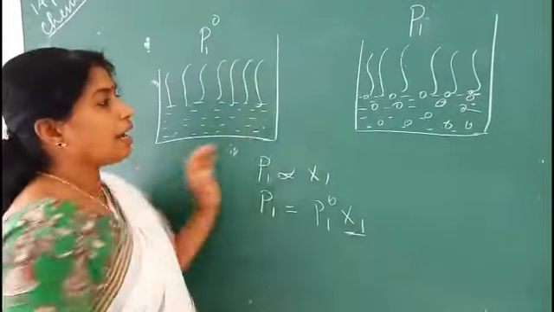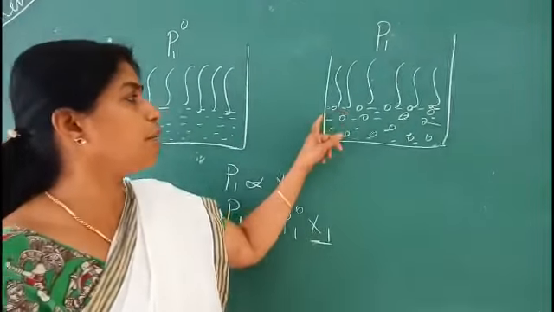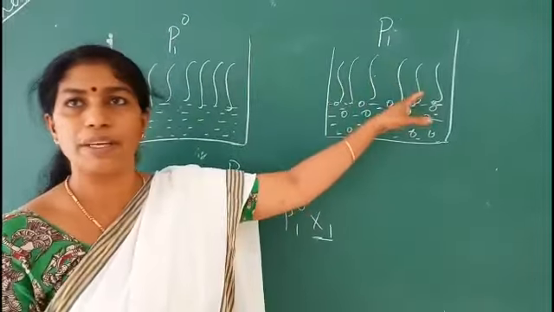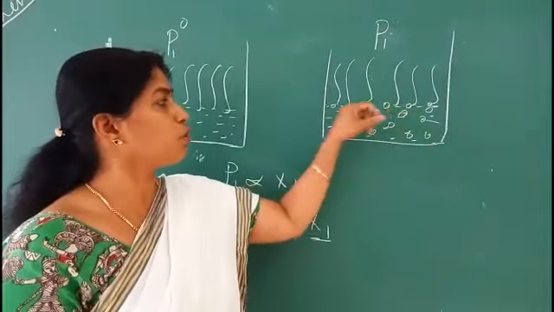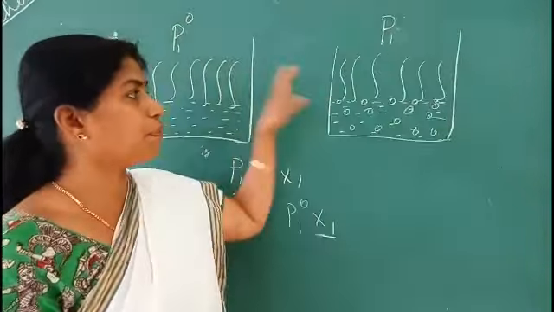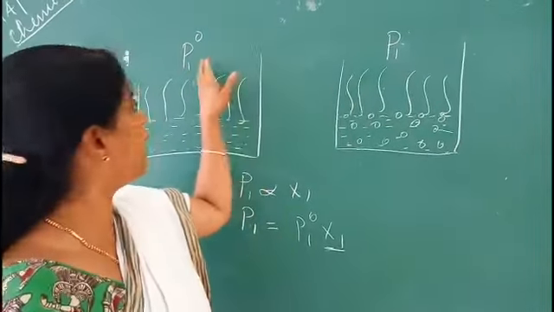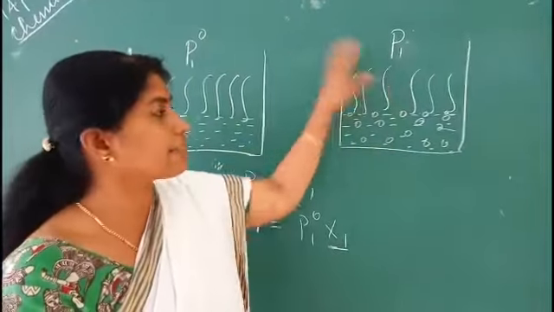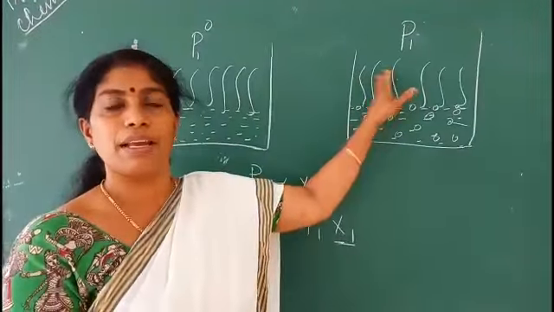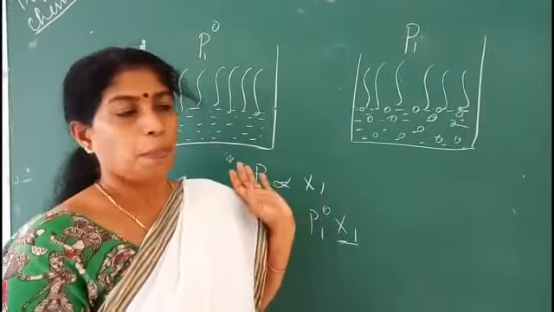If you are adding 1 mole of urea or 1 mole of glucose, the number of moles of solute coming onto the surface is the same. Then the depression in vapor pressure, P1 less than P1 naught, will be nearly similar whether we take 1 mole of glucose or 1 mole of urea.